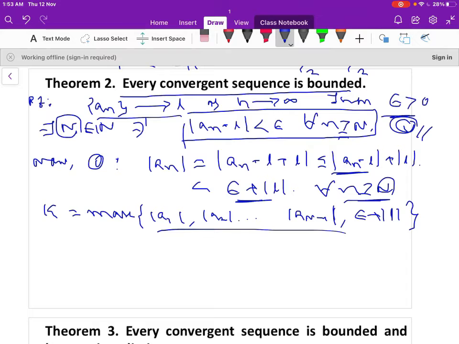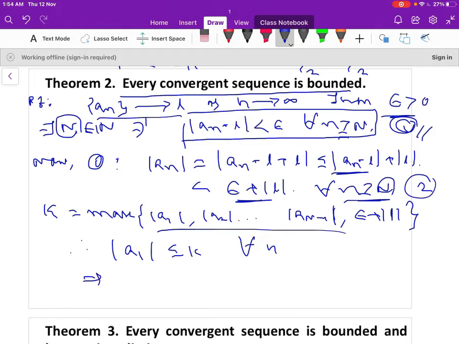Therefore, using equation 2, modulus of a_n is less than or equal to k for all n.